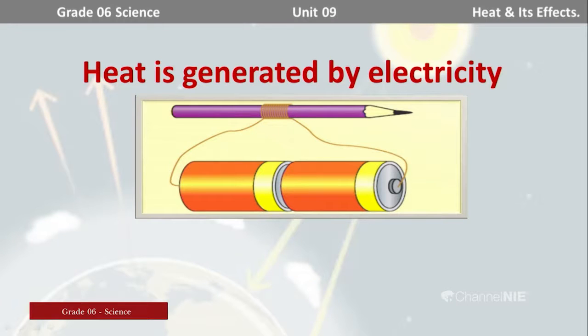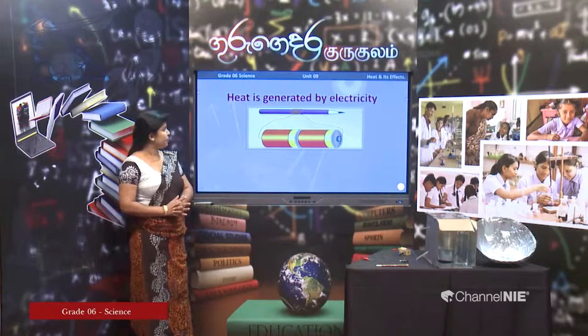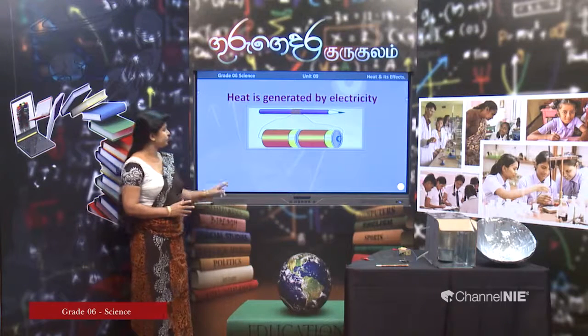I have got a simple activity to show how heat is generated by electricity. Firstly, I will explain the activity. After that, I will do the activity. These are the things we need: a pencil, a copper wire and dry cells.